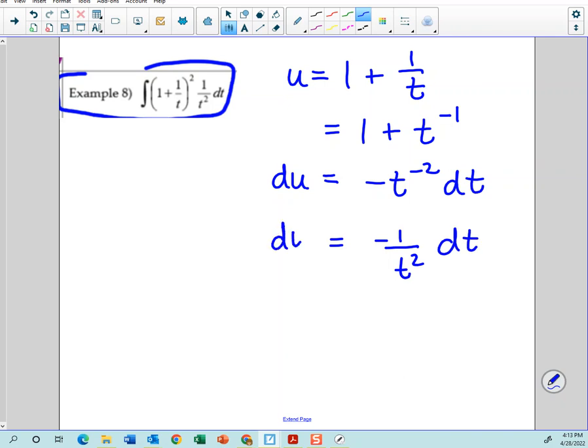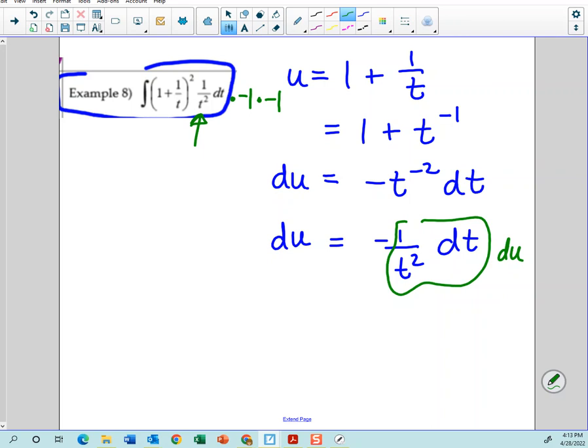And so as I make my substitution and do a little cleanup, I can see this extra stuff is actually going to work really nicely for my du, but I need it to be negative. So I'm going to put in a -1 and another -1, because I can't really change the problem, so I can't just throw a -1 in there and make the whole thing negative.